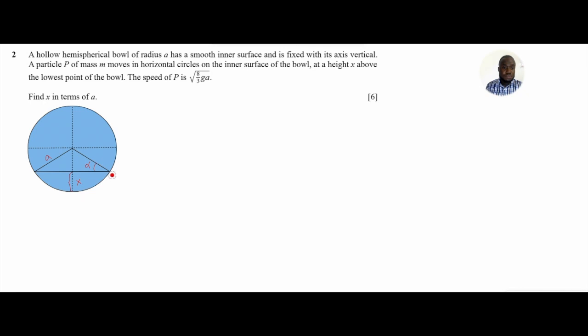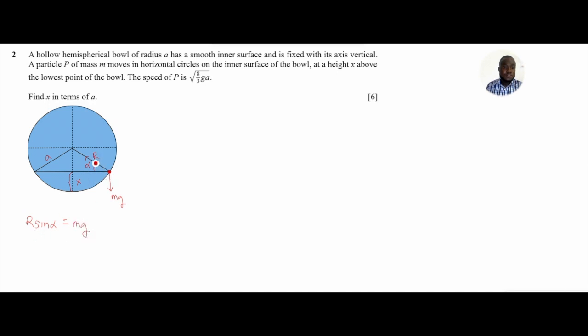If that is true, if this body is moving on the inner surface of this hemisphere, its weight, of course, acts vertically downward. And there should be a reaction from the surface. I'm going to call that R. And the vertical component of R, which is going to be R times sine of the angle alpha, should be equal to mg.